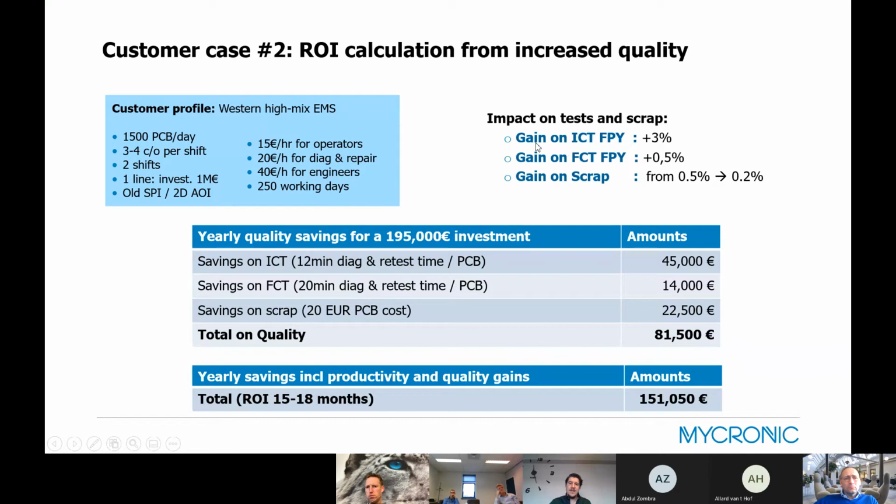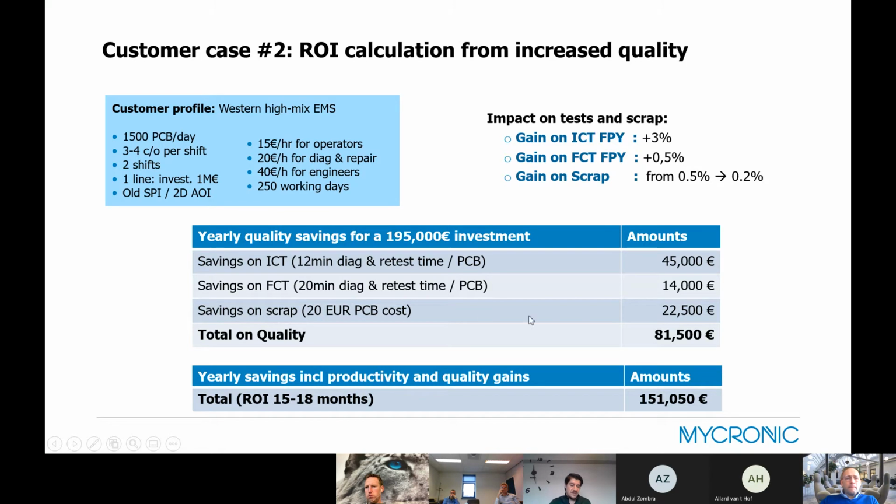And from this example, we asked and they said they now have a gain on ICT test first pass of 3%, meaning they have 3% less ICT errors, functional test by 0.5%, and scrap, so boards which they have to throw away, from 0.5% to 0.2%.